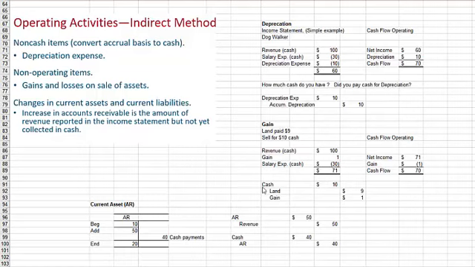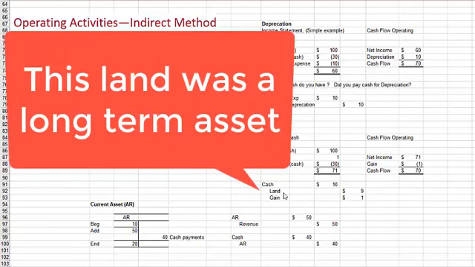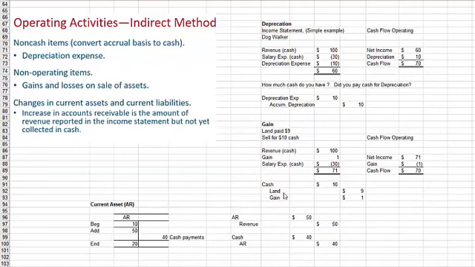Where is the cash? As you can see, we have cash of 10. Cash resulting from the sale of an investment, this land, is going to fall into our investing section. This is not operating. As we can see here, it's a non-operating item. This $10 of cash will be seen on our cash flow statement under investing.